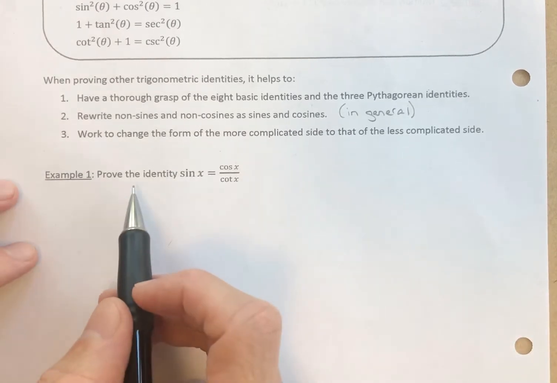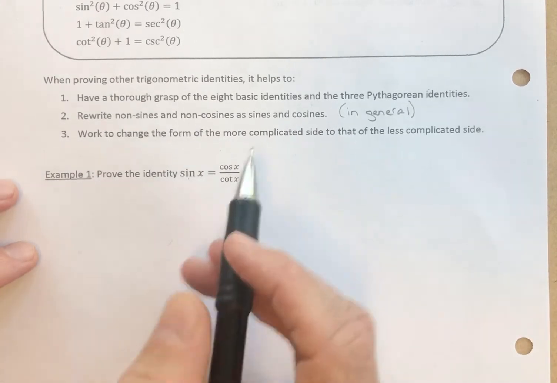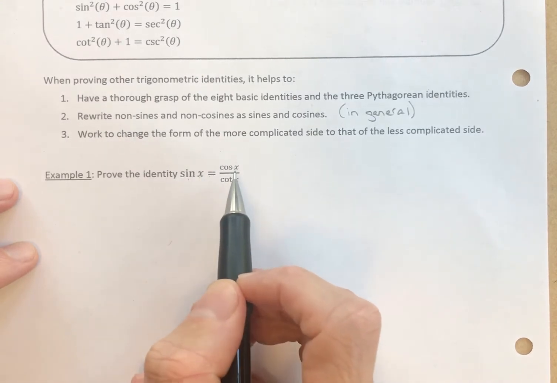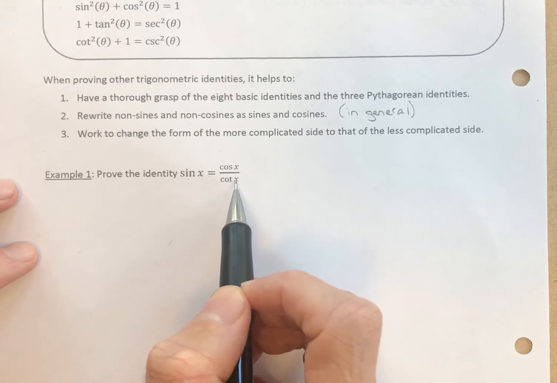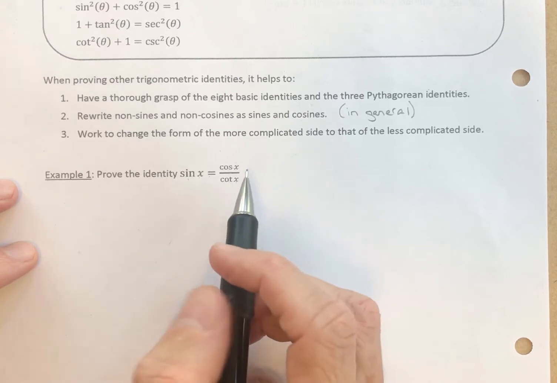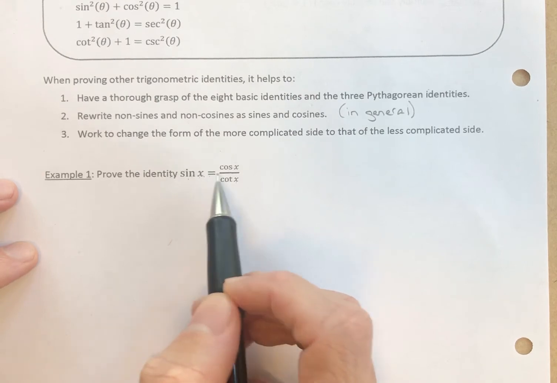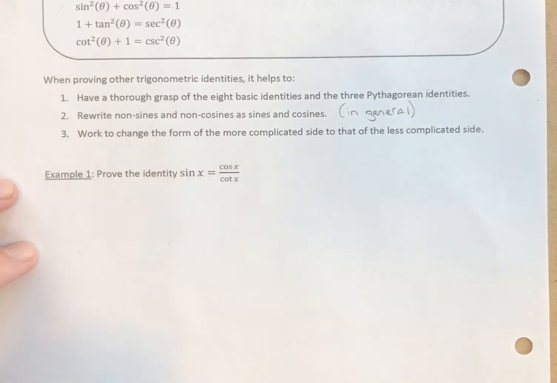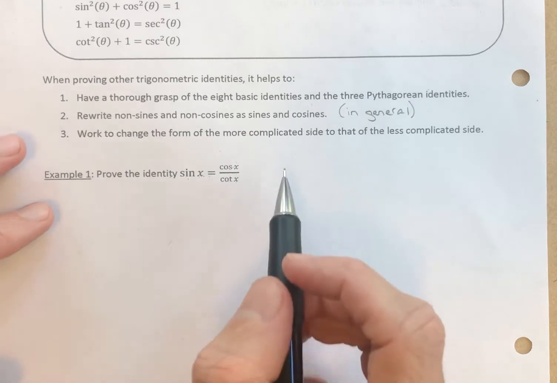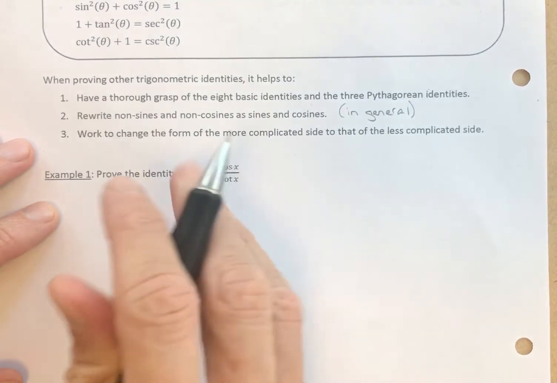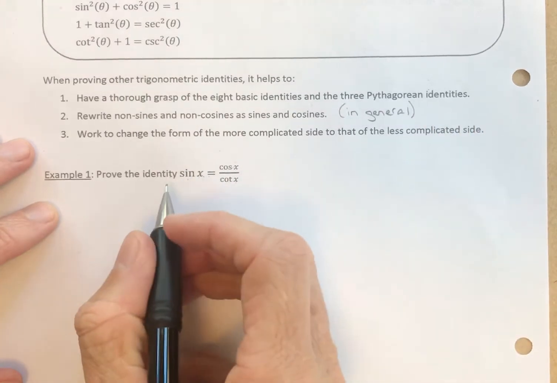Okay, example 1: we want to prove this identity, that the sine of x is equal to the cosine of x divided by the cotangent of x. You'll recall our definition of identity: the left side will always equal the right side no matter what x you put in there. The first thing I want to do looking at this one is I like to have my more complicated side on my left.